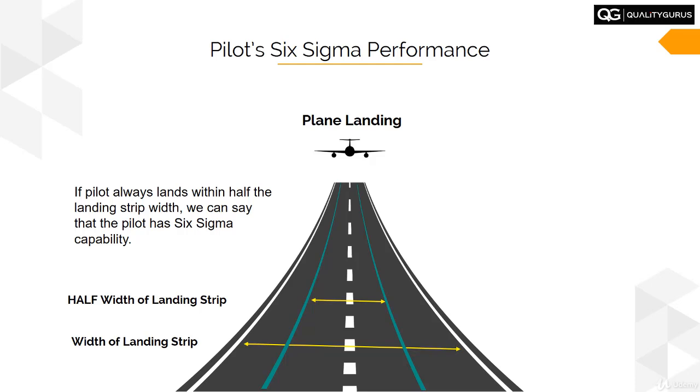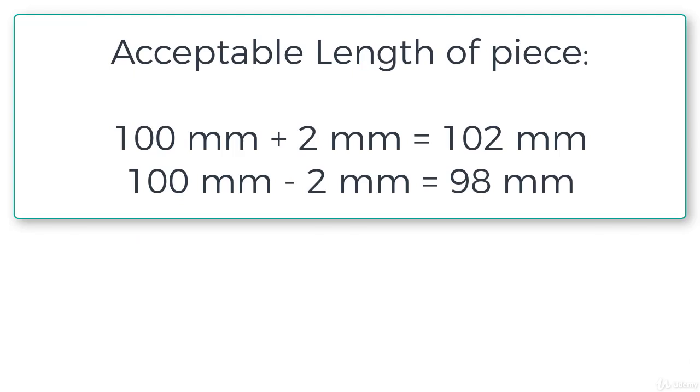Now the same thing if I look at an industrial scenario. Let's say you make a piece which has to be 100 millimeter length and you can have +2 or -2 on that. So you can make this piece anything from 98 to 102 millimeters. That will be fine.